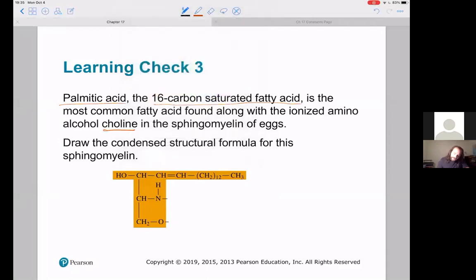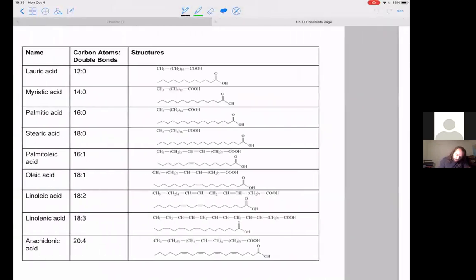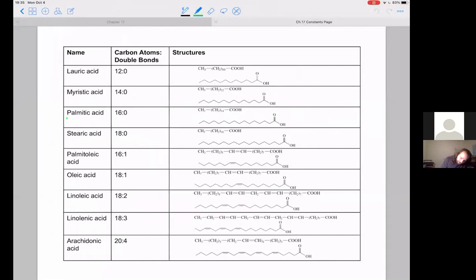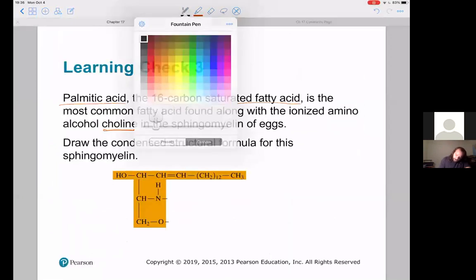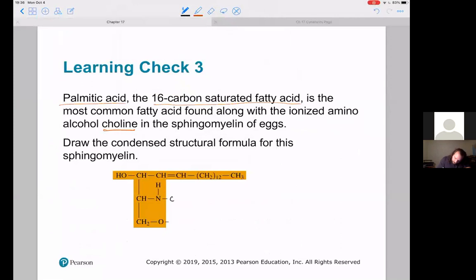So palmitic acid, let's go back over here to our constants page. I have to find palmitic acid, which is a saturated fatty acid that contains 16 carbons. Let's go ahead and put that in. The only difference being it's not going to be an ester bond, it's going to be an amide bond. So that's 1, 2, 3, 4.